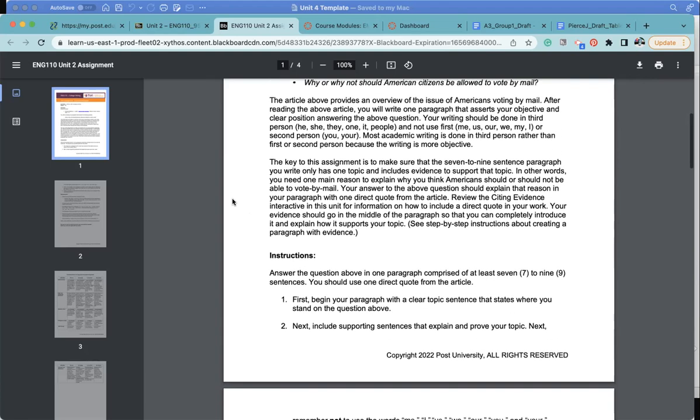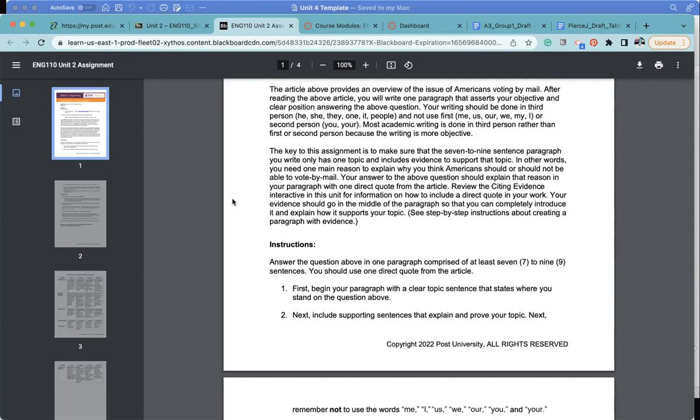The key to this assignment is to make sure that the 7 to 9 sentence paragraph you write only has one topic. So it's either for or against voting by mail, and includes evidence to support that topic. In other words, you need one main reason to explain why you think Americans should or should not be able to vote by mail. You don't need to have 12 reasons.